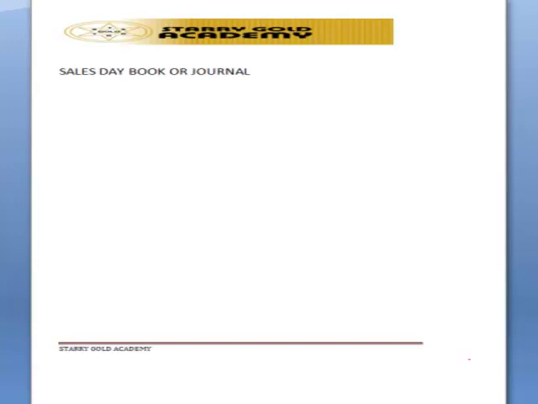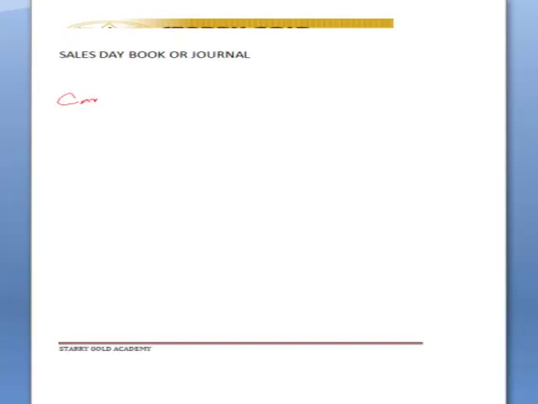So how does posting look like? By the time we draw up a sales journal, the total of sales in the sales journal will be transferred to the credit side of the sales account. So the total in the sales journal will be transferred to the credit side.